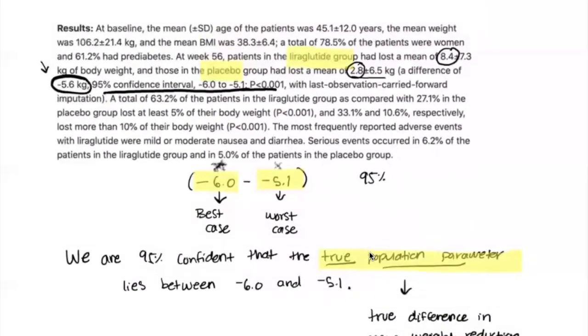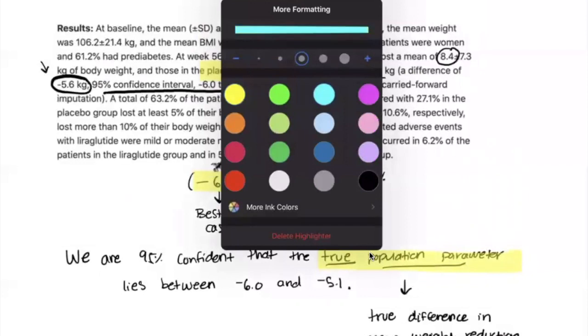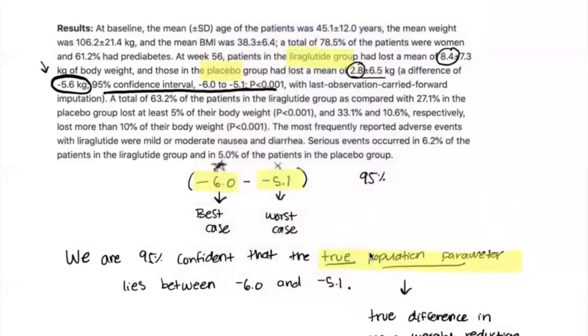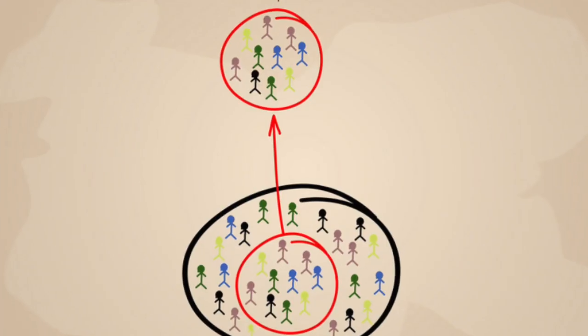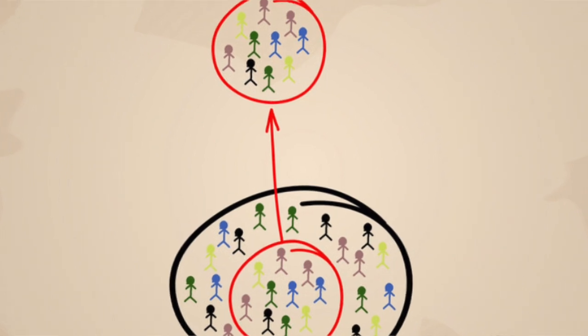So you might be wondering, well, what's this other number that's given? What's this -5.6? Well, this -5.6 is the point estimate. So this is the actual difference in mean weight reduction between the two groups in this specific trial with this specific sample of patients.